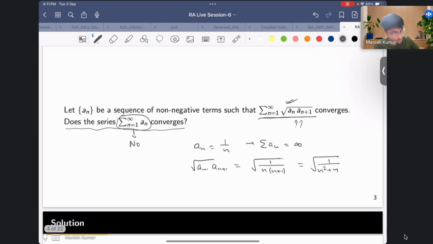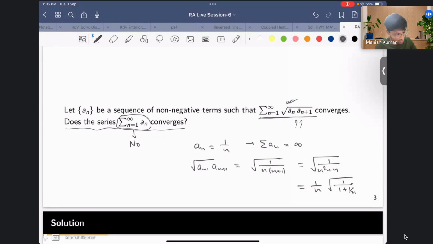Now if you want to do some test, you can even write this as 1 by n times 1 plus 1 by n, since I am taking n square common, I will get this thing, right? So this is root of an times an plus 1.